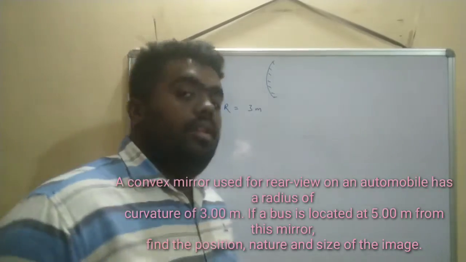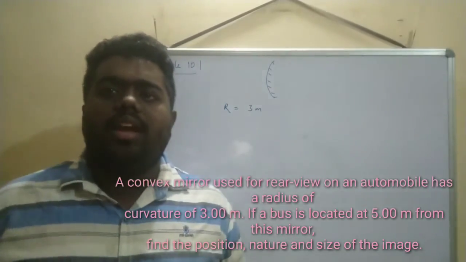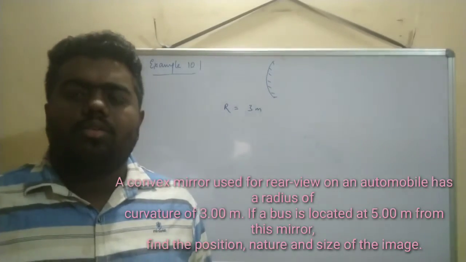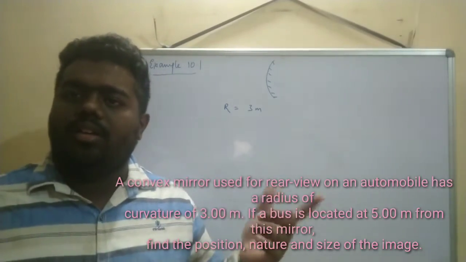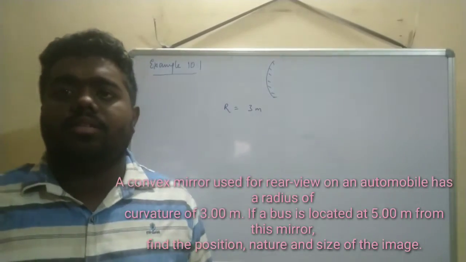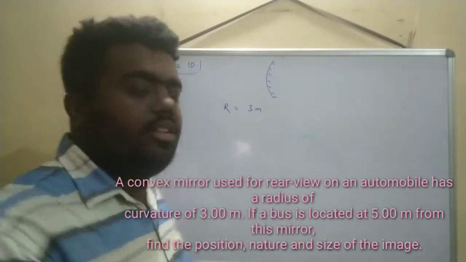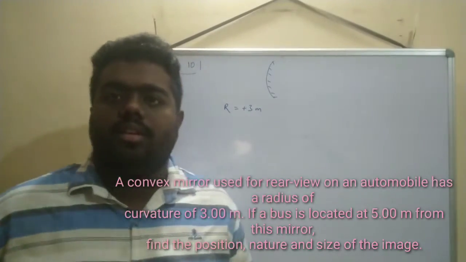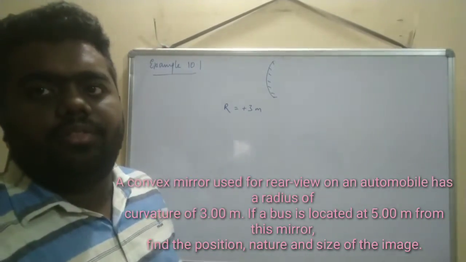Now the focal length is derived from this radius of curvature. तो अगर focal length positive है तो radius of curvature भी positive होगा. Remember this thing, radius of curvature for this convex mirror is positive.